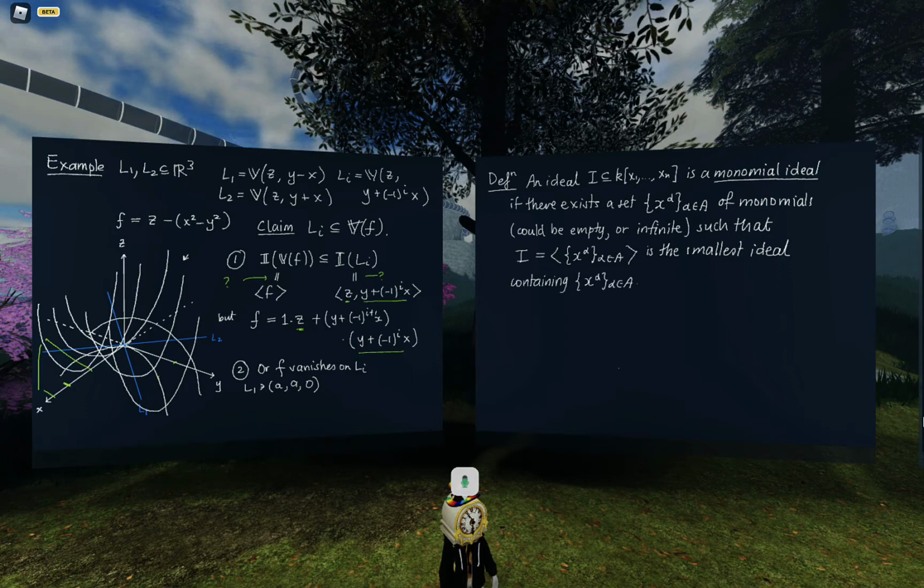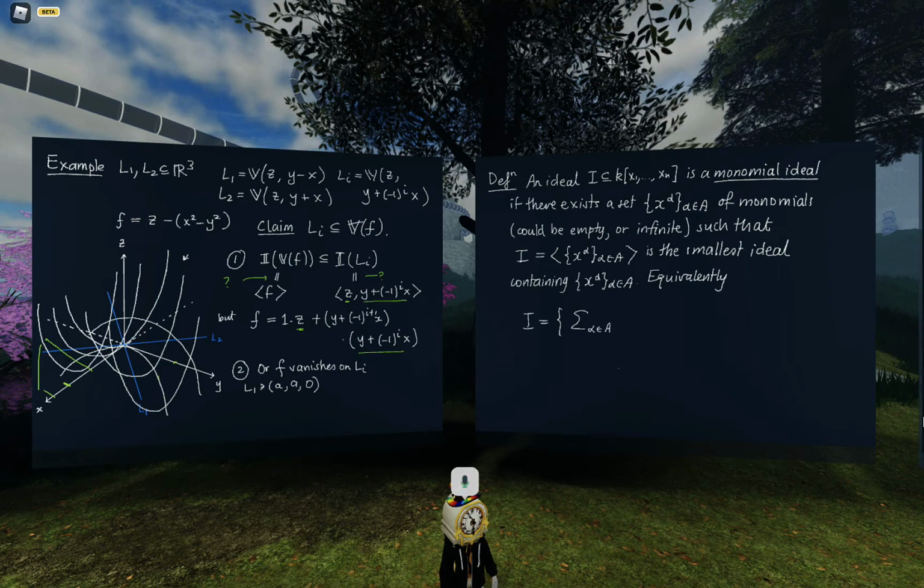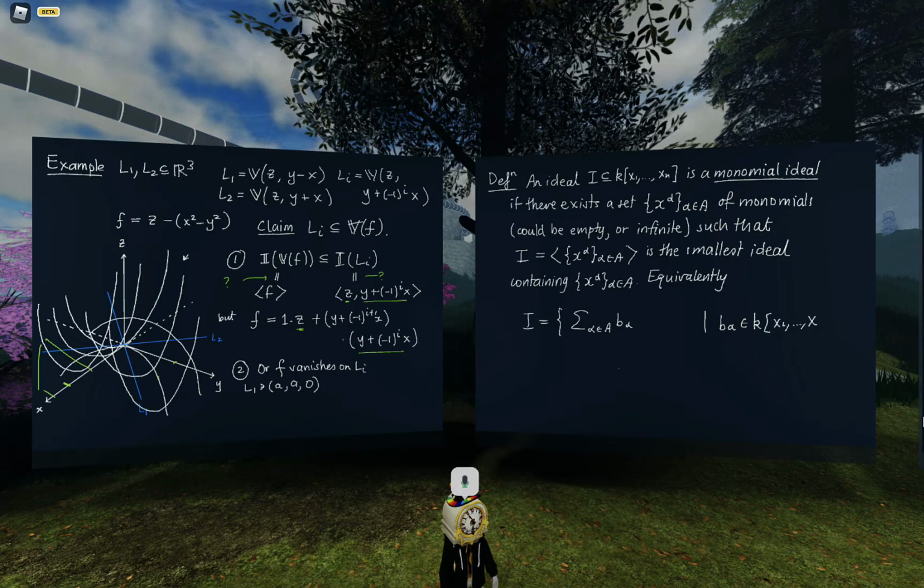Now we know the smallest ideal containing a given set is the set of all linear combinations, so to speak, with coefficients which are polynomials in that set. So that is all things that look like: take some b alphas, which are polynomials, multiply them by the x alphas and add them all up. And of course we only take finite sums.